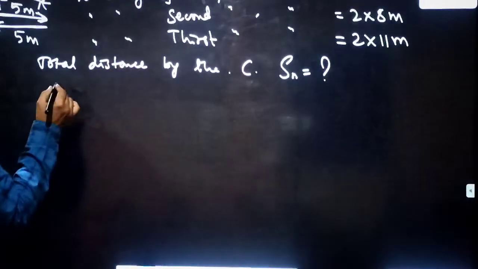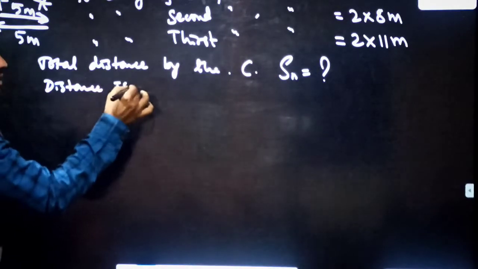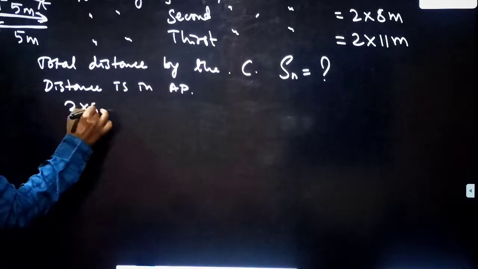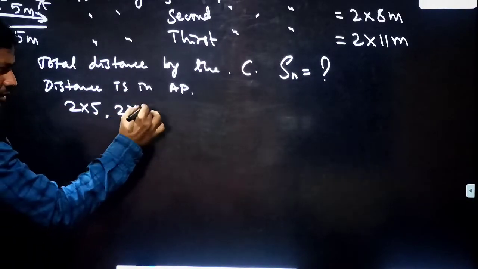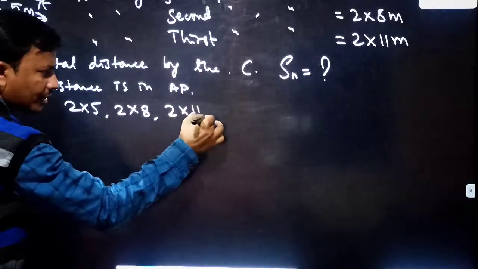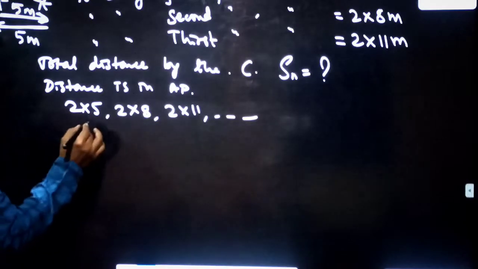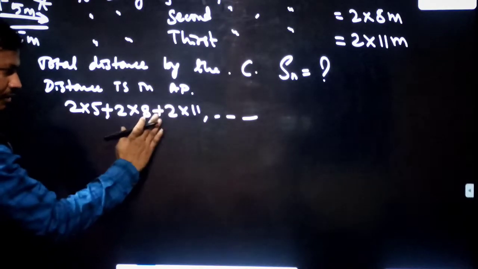Correct? Distance is in AP. That means 2 into 5, comma 2 into 8, comma 2 into 11, comma and so on. Correct? Comma ಬದಲಿಗೆ ನಾನು ಪ್ಲಸ್ ತಗೊಂಡೆ, ಸಮ್ ಆಡ್ ಮಾಡಬೇಕಲ್ಲ, ಪ್ಲಸ್ ಅಂತ ತಗೊಂಡೆ.